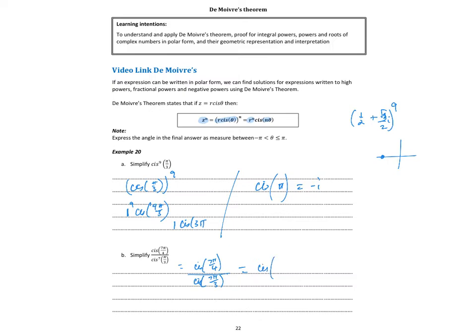It's 3 and 4 is 12, so 7 pi on 4 is 21 pi on 12, subtract 7 pi on 3, which is 28 pi on 12. So I get cis negative 7 pi on 12, which is in the domain that we're interested in, and so that's fine.